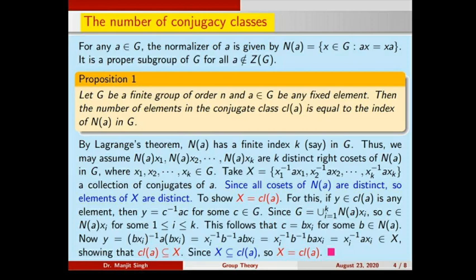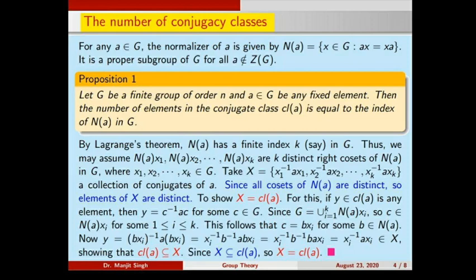So this is the proposition in which we are dealing with a finite group, and a is an element of G. Then the number of conjugate elements in the conjugacy class of a is equal to the index of N(a) in G. So N(a) is a subgroup of G, and G is a finite group.